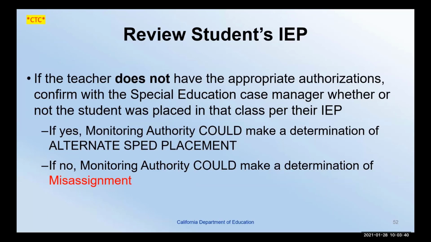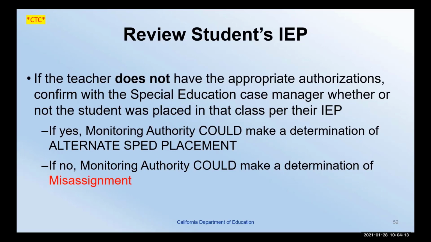So I want to touch on the alternate SPED determination one more time. Special education exceptions are the only ones that can get the alternate SPED determination. So if the teacher does not have the appropriate authorizations, you can confirm with the special education case manager whether or not the student was placed in the course based on their IEP, either based on their secondary disability area, because CalSAAS doesn't monitor for that, or based on being in the least restrictive environment.